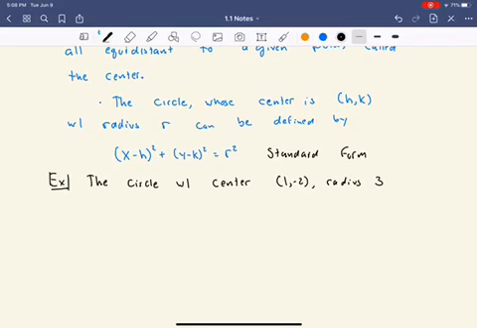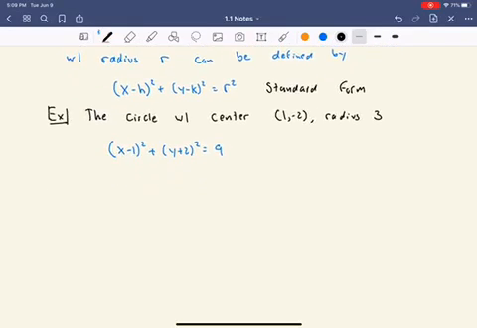So the equation is going to be (x − 1)² + (y + 2)² = 9. Okay, notice again, the signs here are inverted on the equation. Okay, that's just how the distance formula works.